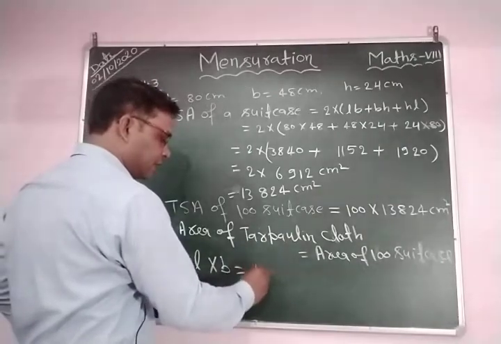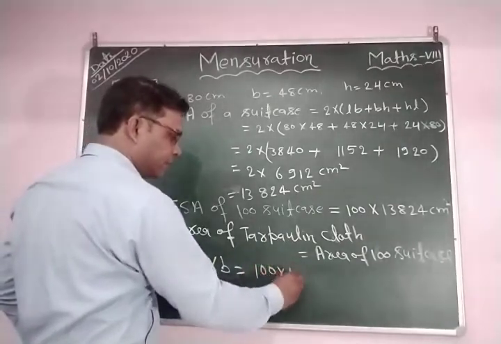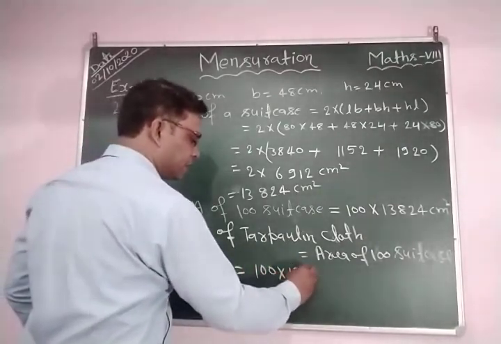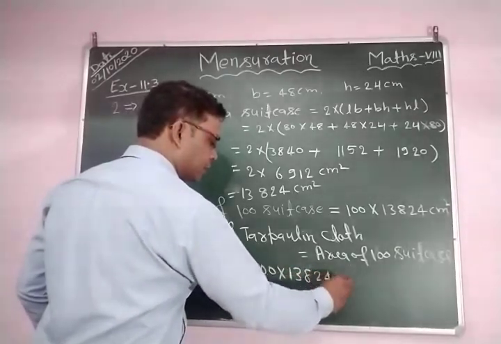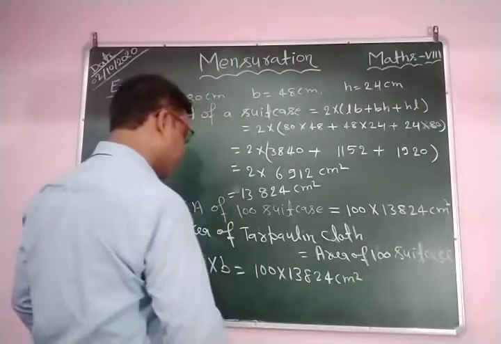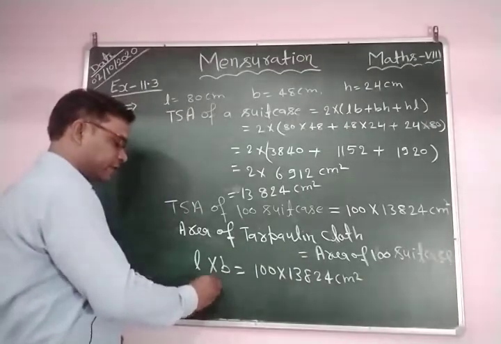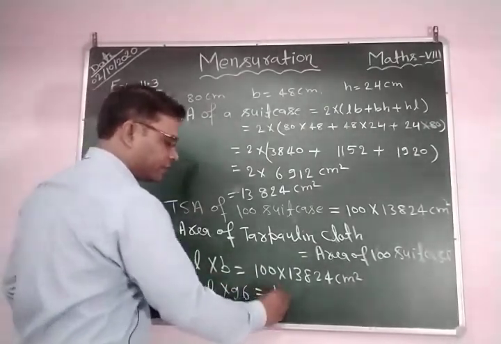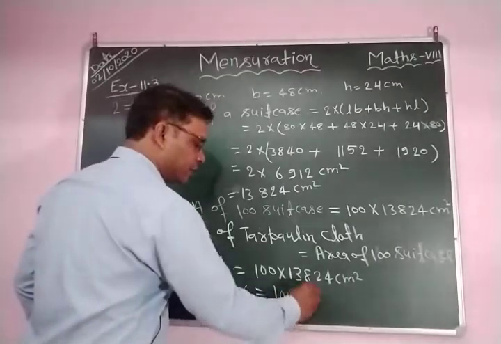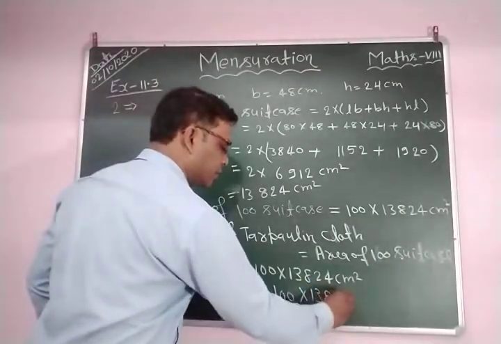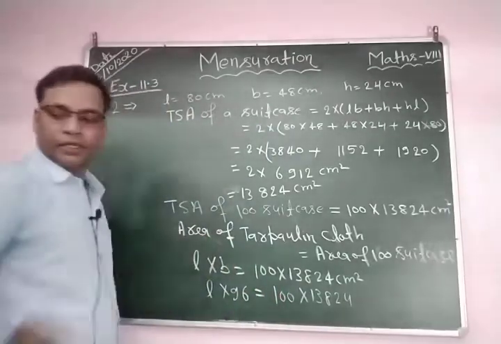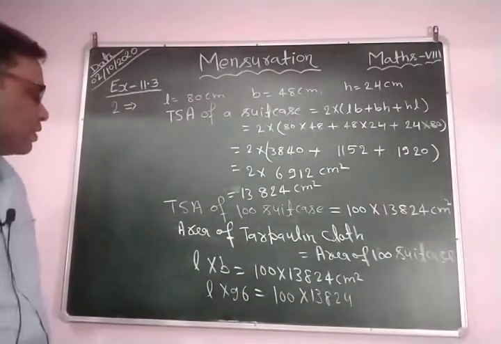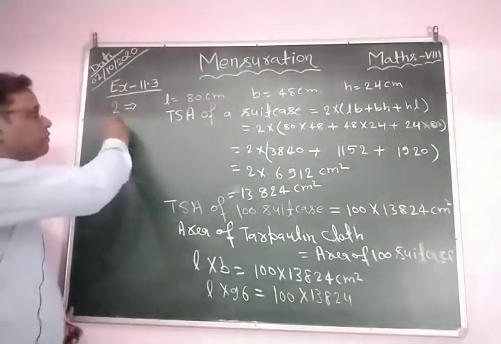What is the area? 100 into 13,824 centimeter squares. Okay, but breadth is given here. What is the breadth? 96. This is equal to 100 into 13,824. Okay, breadth given here. So you can find the length. How can you find the length?